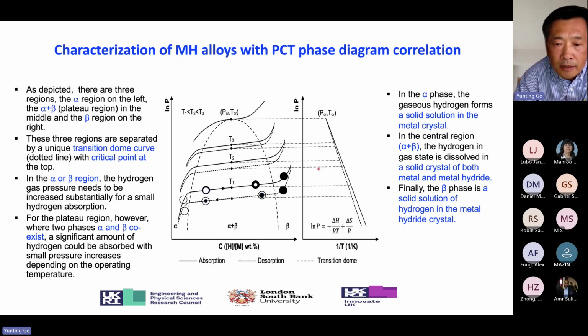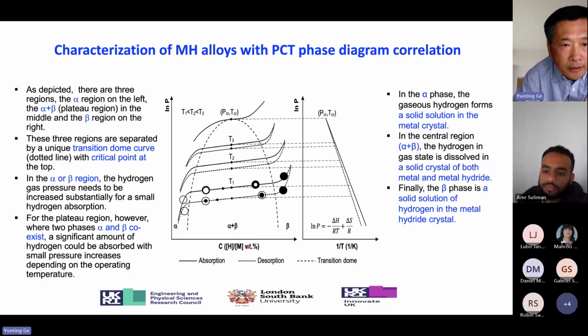Sometimes we call this the van 't Hoff relationship for the metal hydride. Once we have identified the metal hydride, we need to find out the details, the profiles of pressure, temperature, and concentration, so that we can characterize the selected metal hydride alloy.